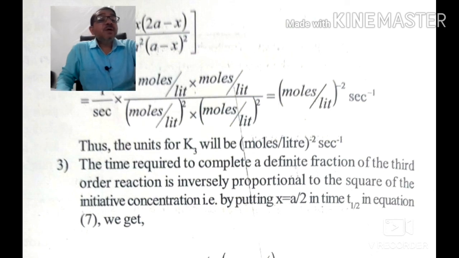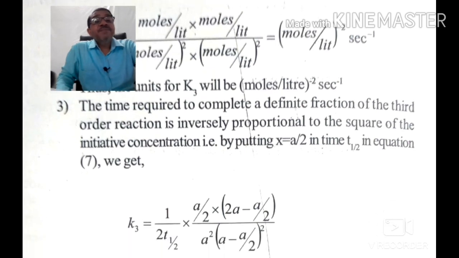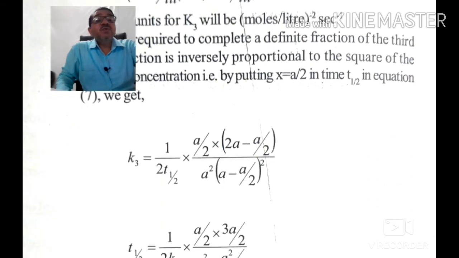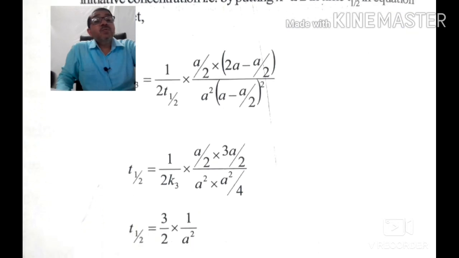The time required to complete a definite fraction of the third order reaction is inversely proportional to the square of the initial concentration. By putting x is equal to a divided by 2 in time t half in equation 7, we get k3 is equal to 1 upon 2 into t half into a by 2 into (2a minus a by 2) divided by a square into (a minus a by 2) to the power 2.